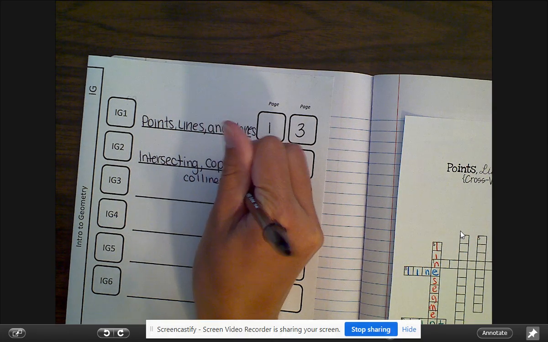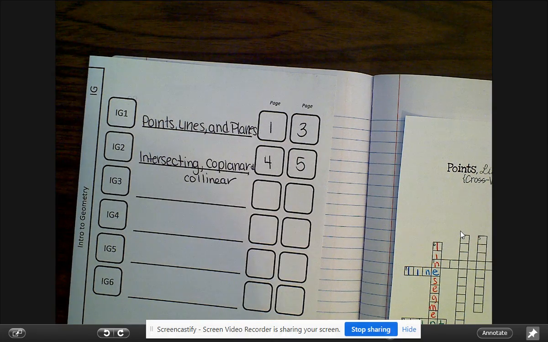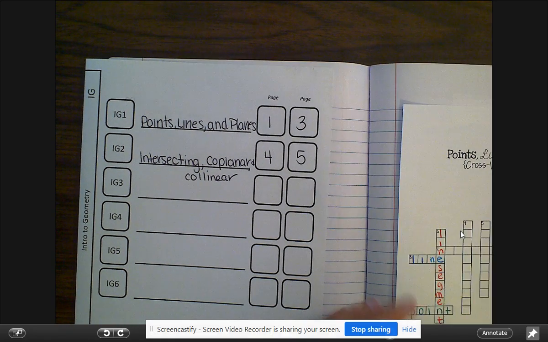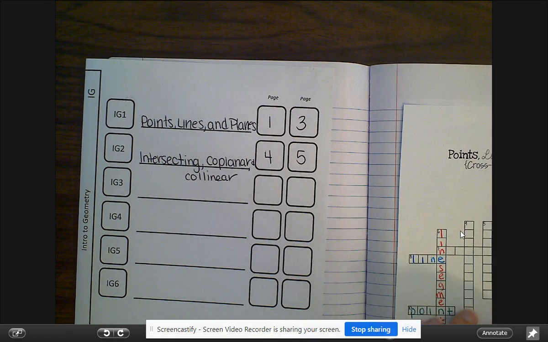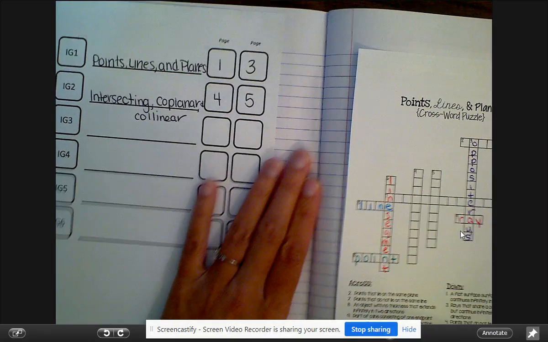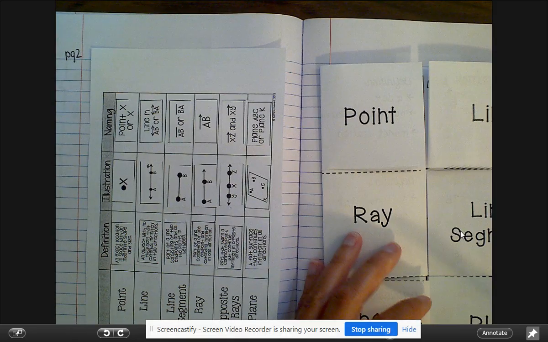Or maybe you can kind of guess what they mean by their prefixes. Okay, so 4 and 5, collinear, coplanar, and intersecting stuff. Okay, so if we turn to that page, hopefully we have our points, lines, and planes all set. And we're going to add page 4 and page 5.